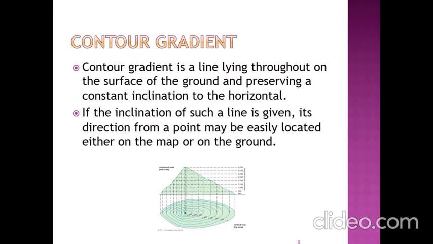So here one picture is shown. In that, the sectional view of a ground is there, and the successive ground gradient is there. So according to that we can fix the ground gradient grade of the contour.